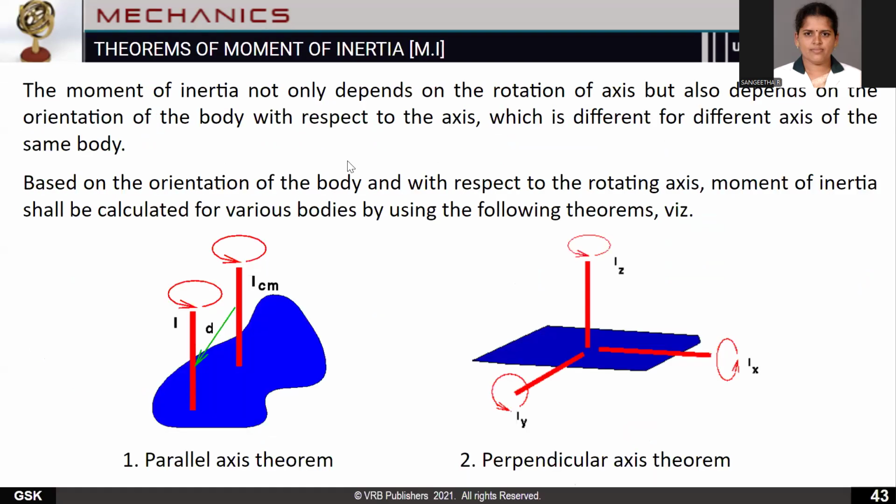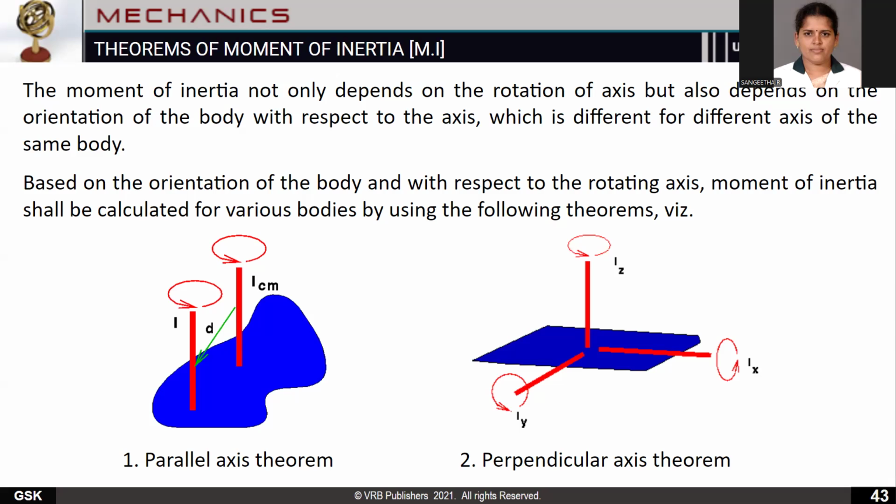So now we are going to see the theorems of moment of inertia. We have two important theorems. We have seen that moment of inertia not only depends upon the mass, but also upon the distance between a particle and the rotational axis.